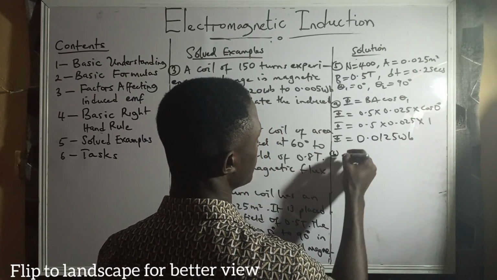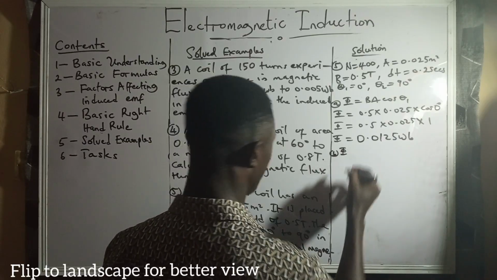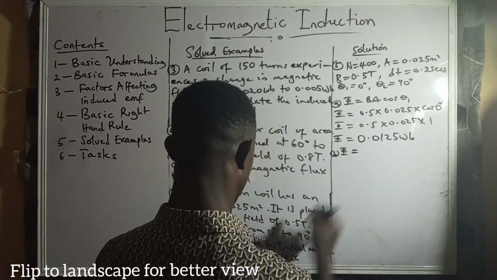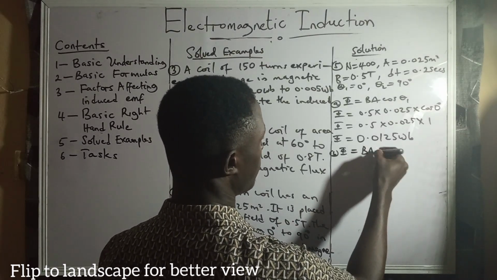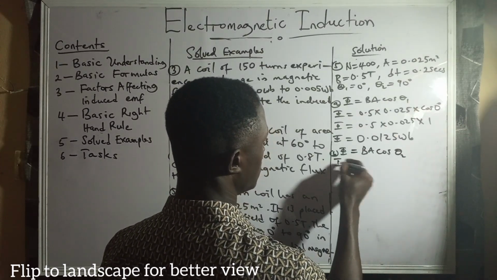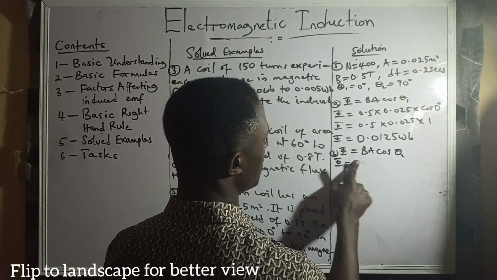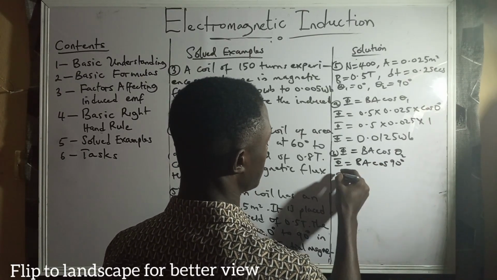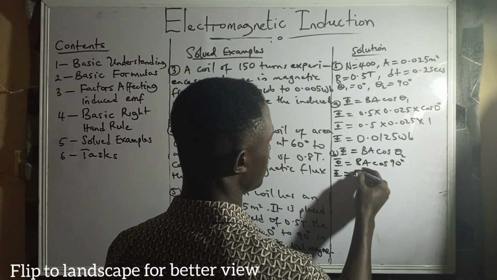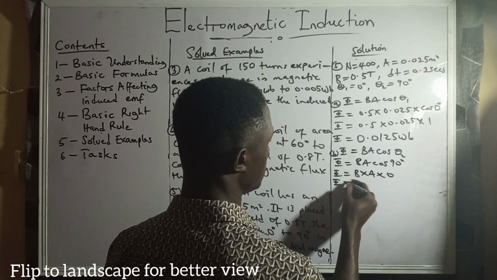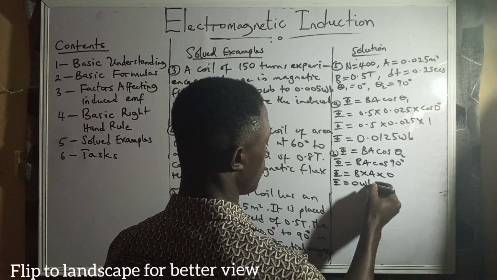Then B says we should calculate the final magnetic flux. We are using the same formula, but with the second angle: BA cos 90 degrees. Since cos 90 is 0, this will be equal to 0 Weber.